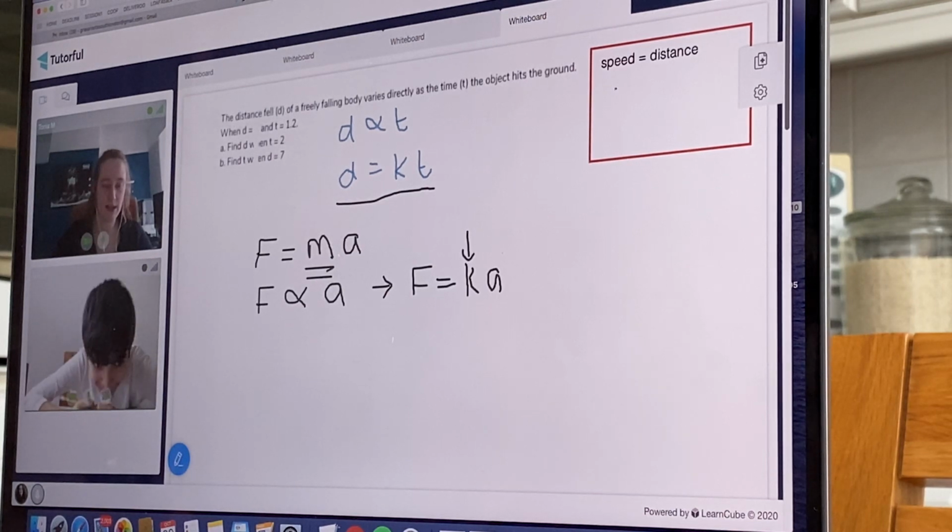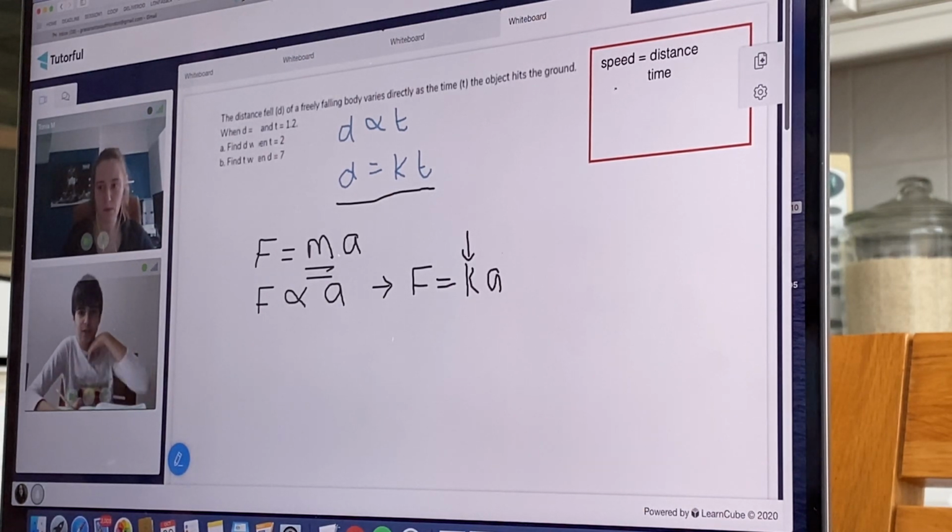Likewise, a famous equation relating distance and time that you might have heard of is speed equals distance divided by time.